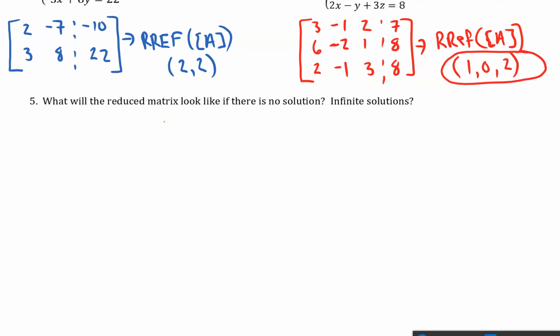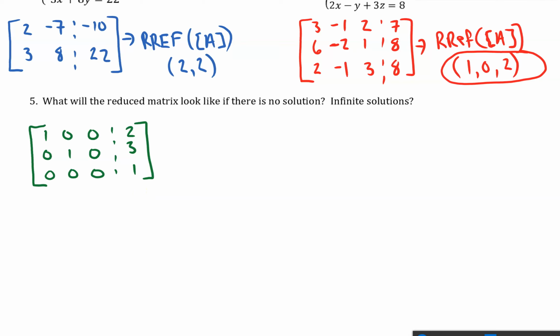Where you might have some issues is what the reduced row matrix will look like if there's no solution. Well, if there's no solution, you're going to see something that maybe looks like this: 1, 0, 0, 0, 1, 0, and 0, 0, 0, and then maybe you have an answer list that says 2, 3, 1. Now, it's giving you 3 solutions, but what's different is that this one doesn't complete the identity matrix.